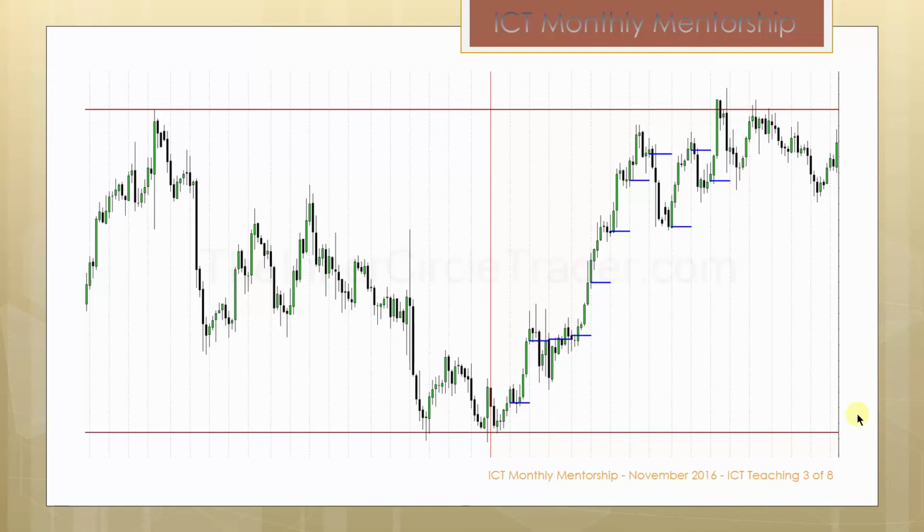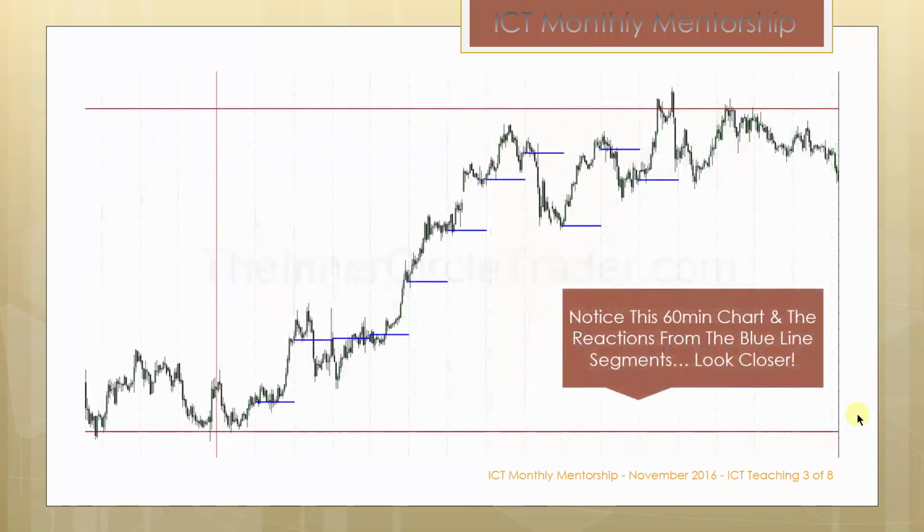You probably already noticed there are some blue line segments on there. So we're going to start talking about some super secret sauce. We're looking at now a 60-minute chart. And I want you to take a look at the reactions that happen from the blue line segments. I want you to look at it real close. Those blue lines are one of the coolest things I discovered about price action.